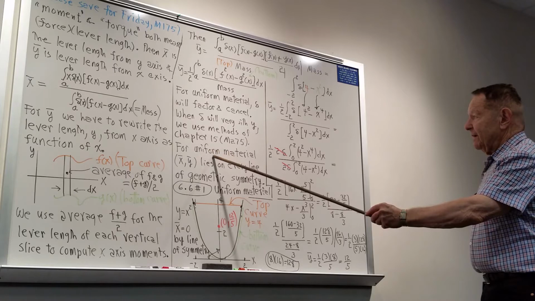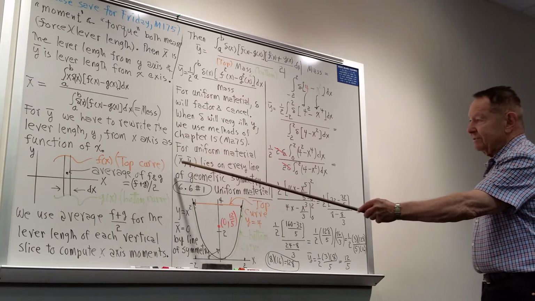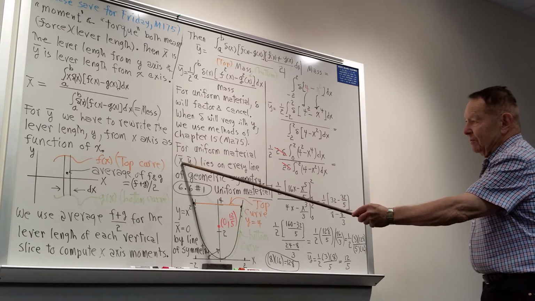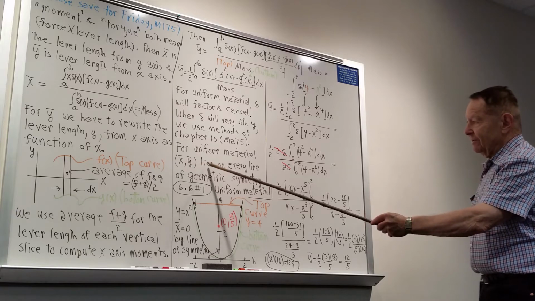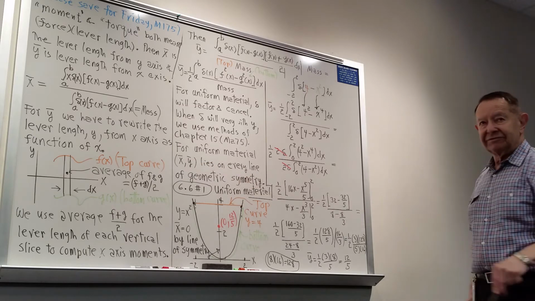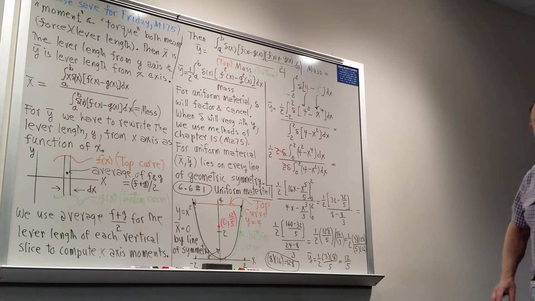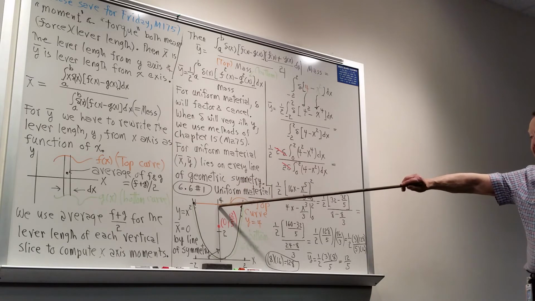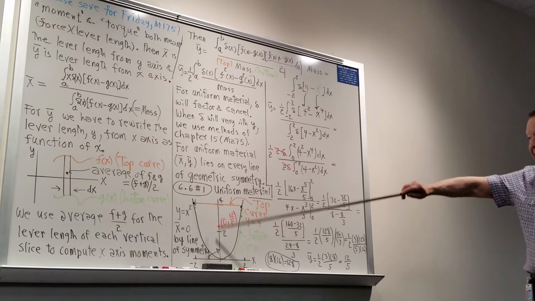So when you have uniform material, as I've said a couple of times, your centroid, as it's called, lies on every line of geometric symmetry. So let's finish with problem 1 of 6.6.